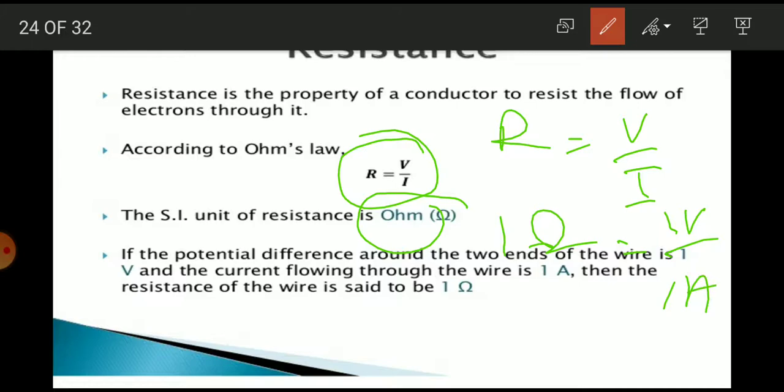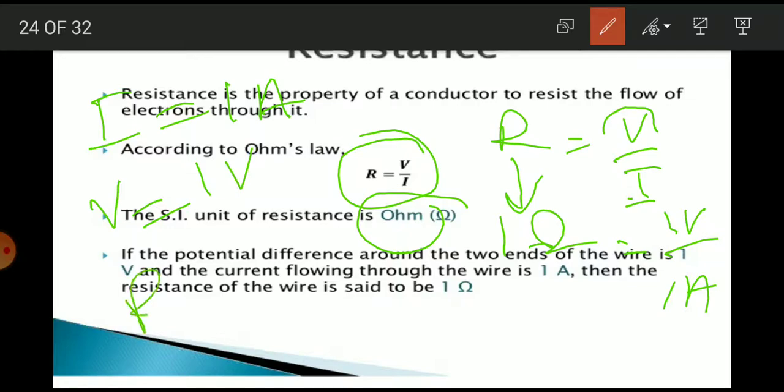If a current of 1 ampere flows and produces a potential difference of 1 volt, the resistance is said to be 1 ohm. Resistance is the property of a material.